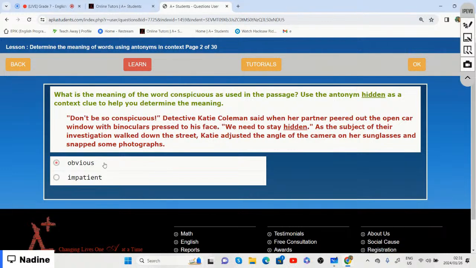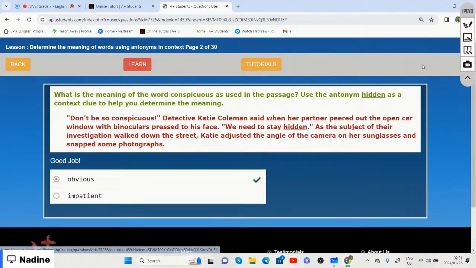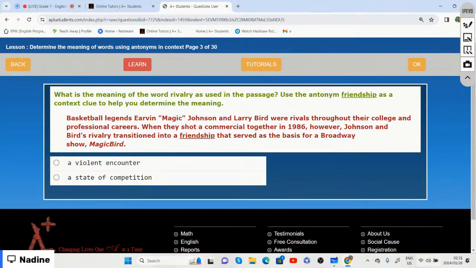Impatient is like you're not patient. So obvious is the only word I can think of. So obvious, yes, right? Because impatient is of course a negative word.